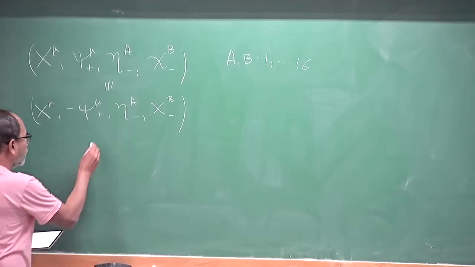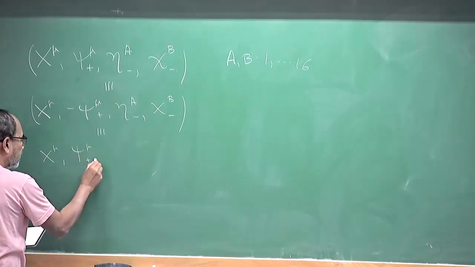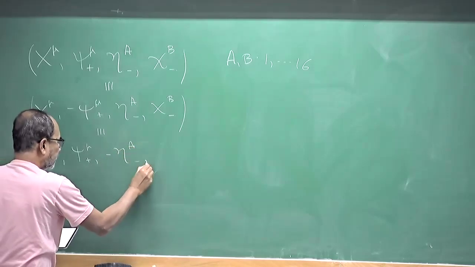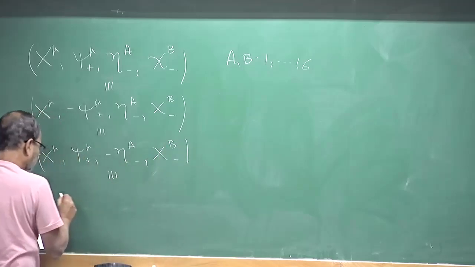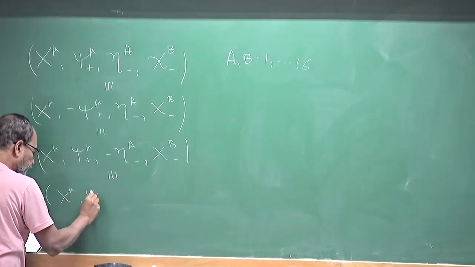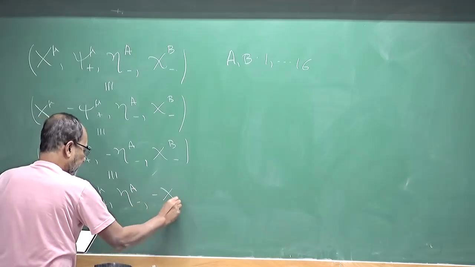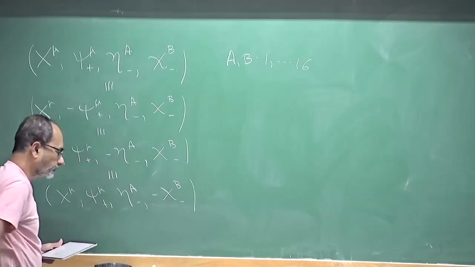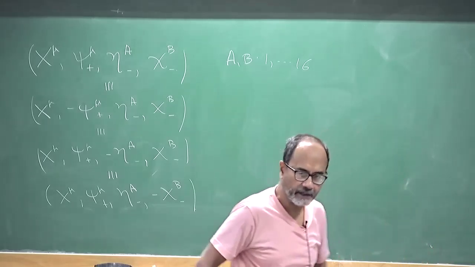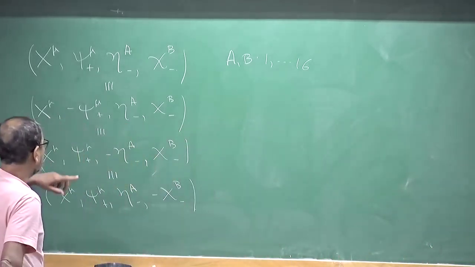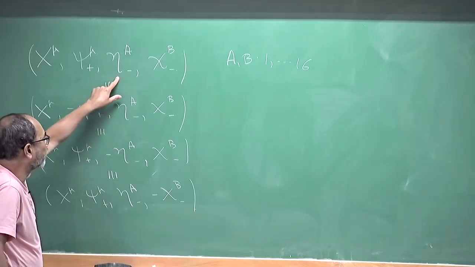But we also identify this with X^mu, psi^mu_+, minus eta^A_-, chi^B_-, and with X^mu, psi^mu_+, eta^A_-, and minus chi^B_-. So the main difference compared with the SO(32) heterotic was that this identification was as before, and then there is one more identification where we change sign of both eta and chi.